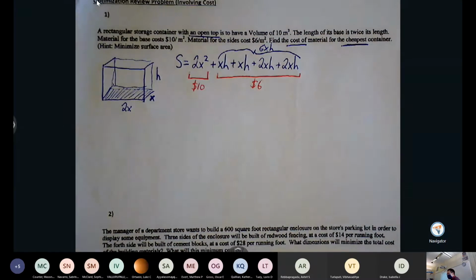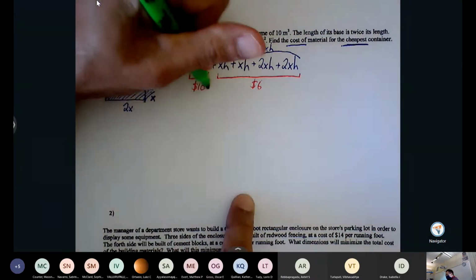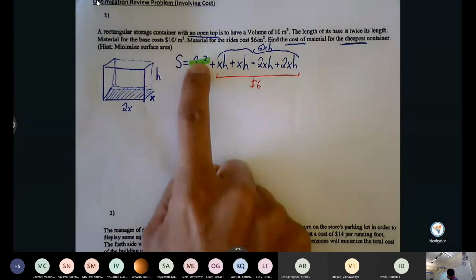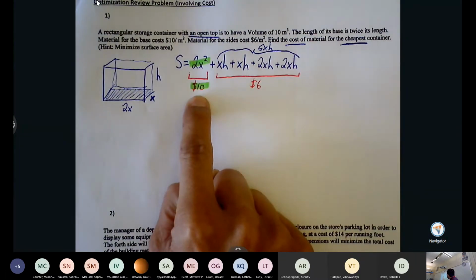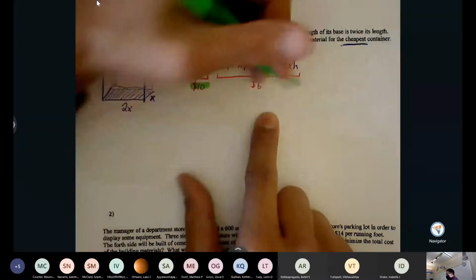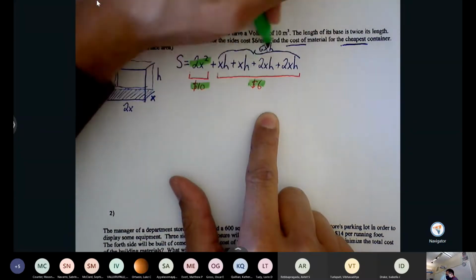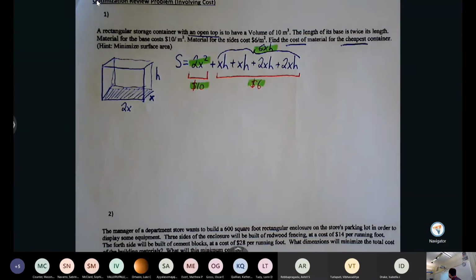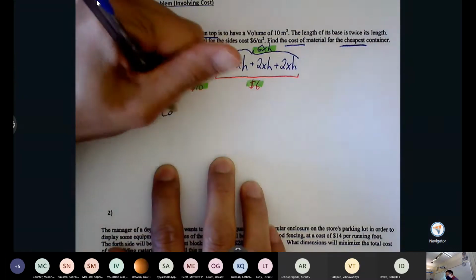So we're going to focus on these numbers here. We have a dollar amount associated with the base, and also we have an amount associated with the combination of vertical sides. So that is how we build our cost equation. So here's our cost equation.